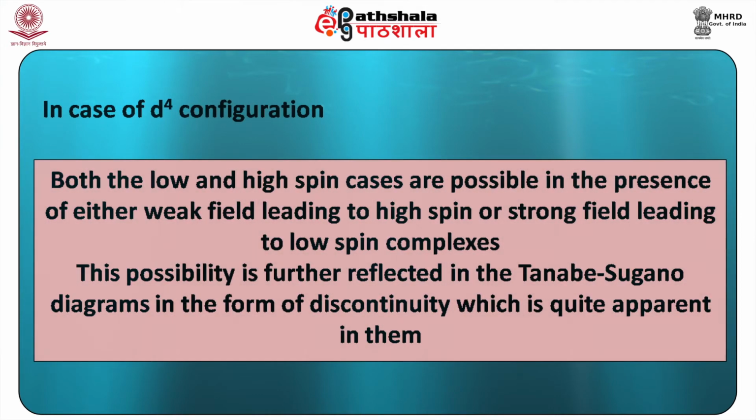When we talk about a d4 configuration, both the low and high spin cases are possible in the presence of either weak or strong field, leading to high spin or low spin complexes. This possibility is reflected in the Tanabe-Sugano diagrams in the form of a discontinuity, which is quite apparent in them.